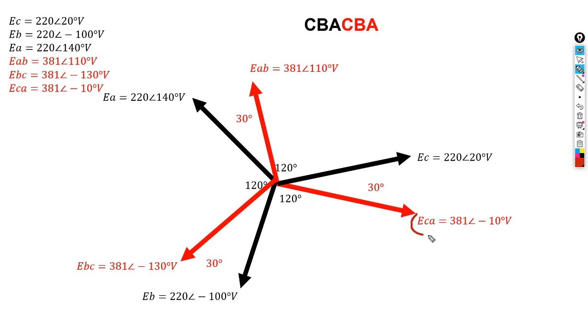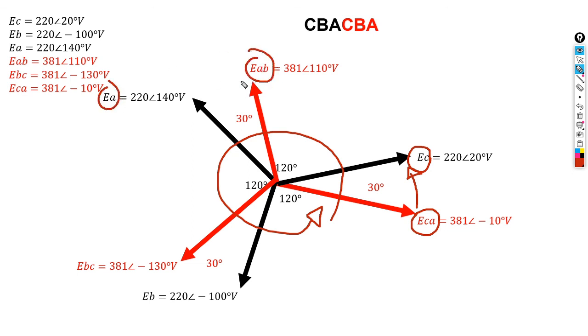You see CA, the corresponding phase is C. When I'm reading them in an anti-clockwise direction, I will see that CA is lagging C. It means it's coming behind C. When I come here, I see AB, the corresponding phase is A. So AB is lagging A. It's coming behind A. If I come here, I can see BC, the corresponding phase is B, and therefore BC is lagging B.